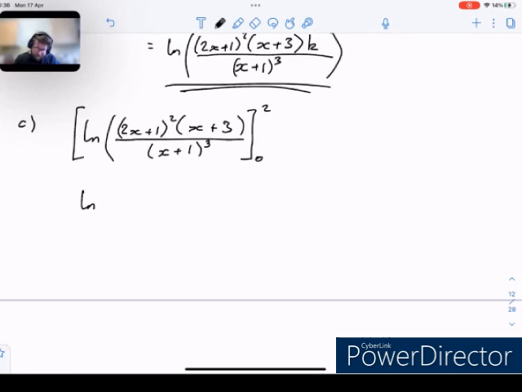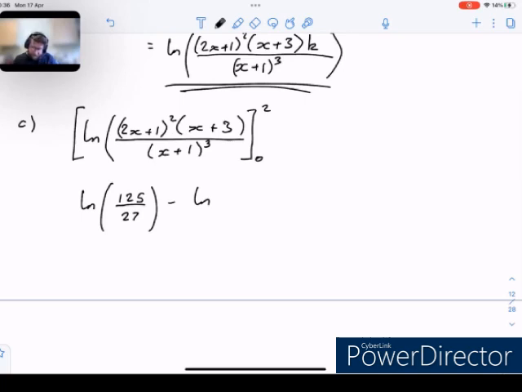Okay, so we just got to be a little careful here. Plugging 2 in there, we get 5 squared times 5. So that's 125 over 3 cubed, which is 27. And we've got to take away log with 0 in there.